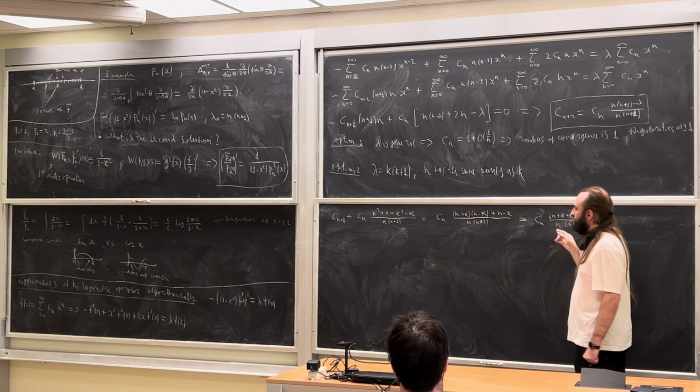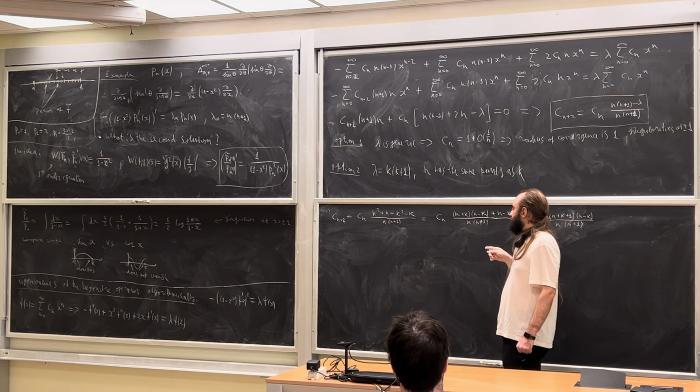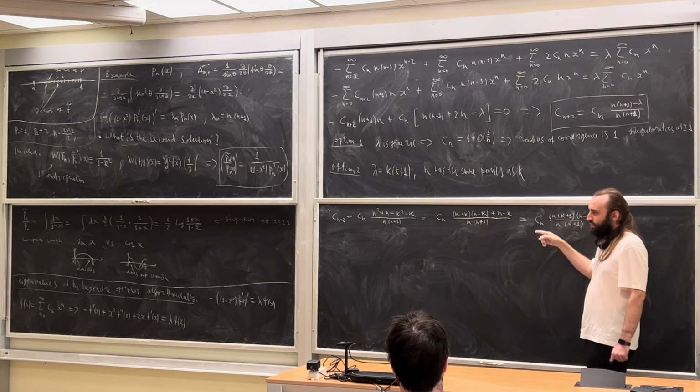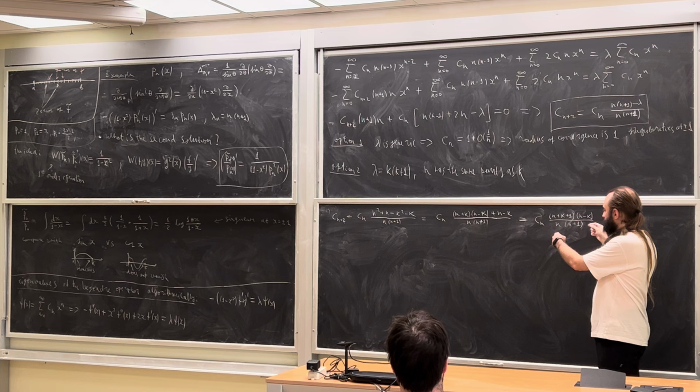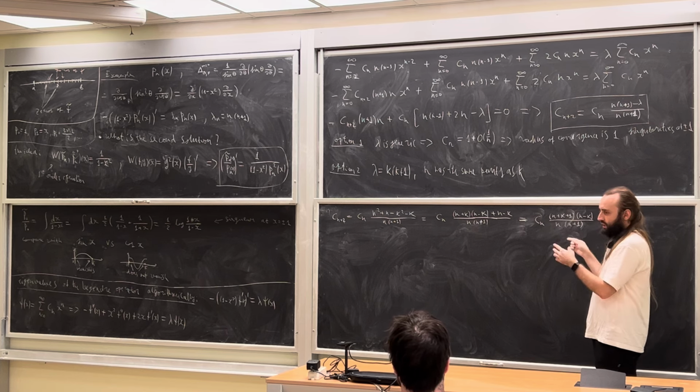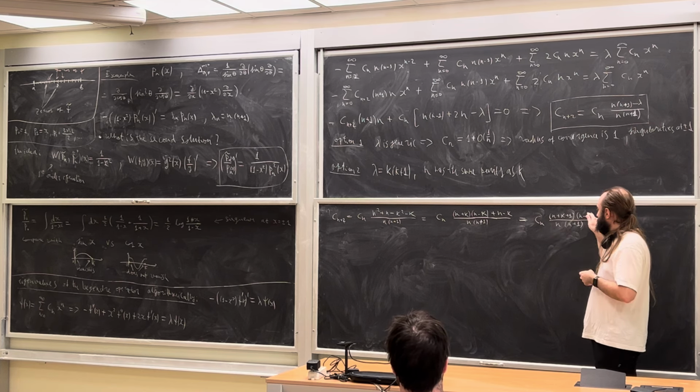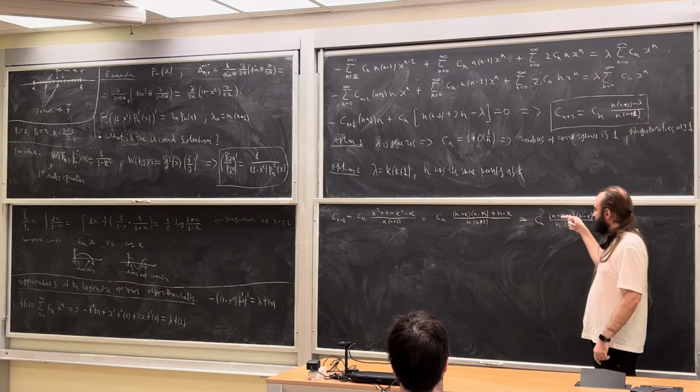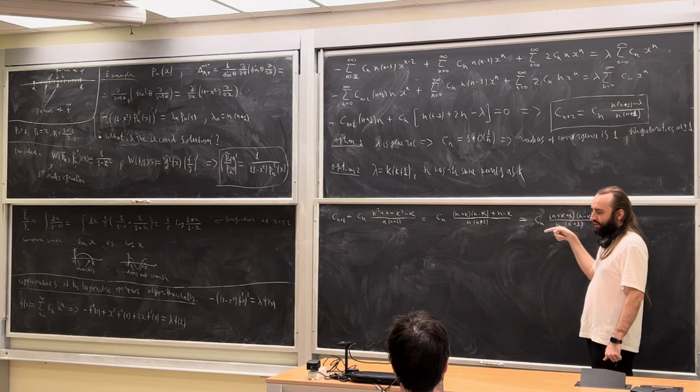So probably not this recurrence, but you see that in principle you can write each C_n as a product of some numbers that are shifted by 2.